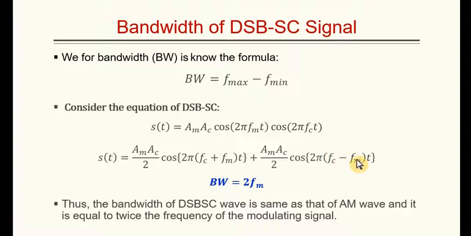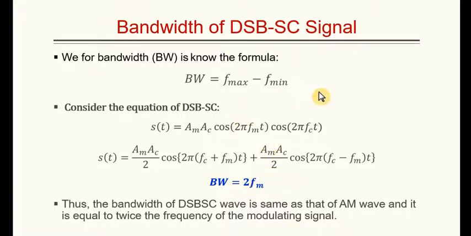and the minimum frequency fc minus fm. So the formula we can use to calculate the bandwidth is f max minus f min, and we know that f max is equal to fc plus fm, and f min is equal to fc minus fm. So if we subtract, we will get the bandwidth equal to twice the message signal frequency fm, where fm is the highest frequency component in the message signal.